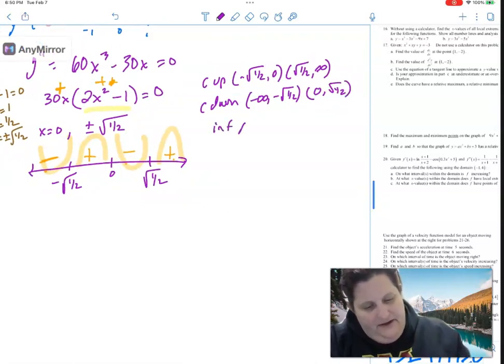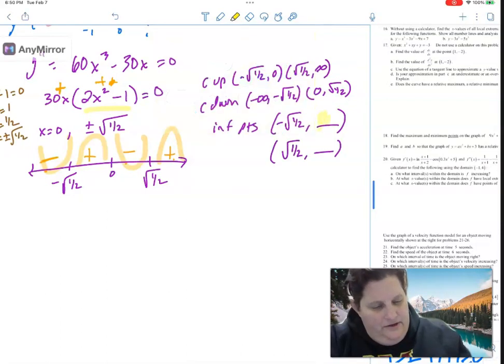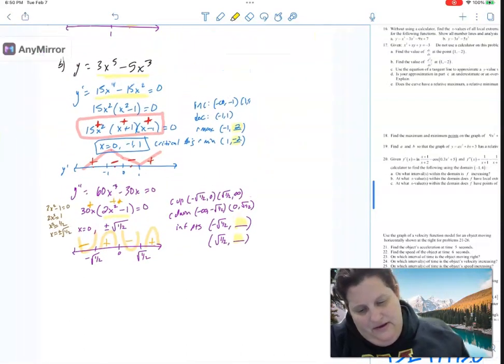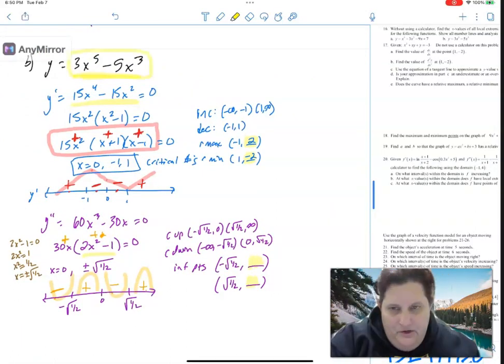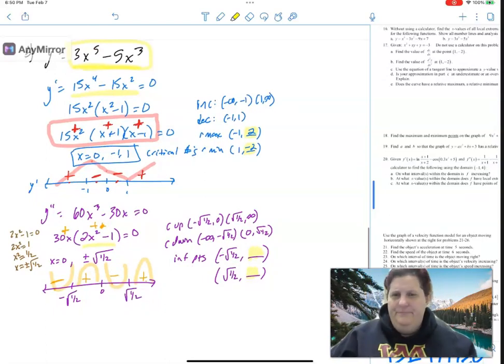And my inflection points are negative square root of a half something and square root of a half something. And I would get these by going into my original, and I am not going to do that because you need a calculator for it. Okay? Anyways, everybody feel okay about that so far?